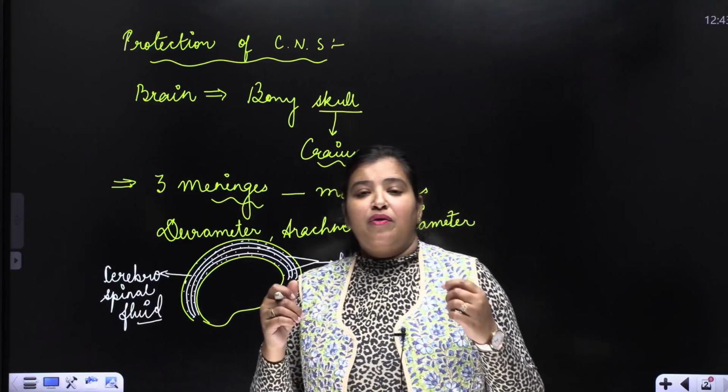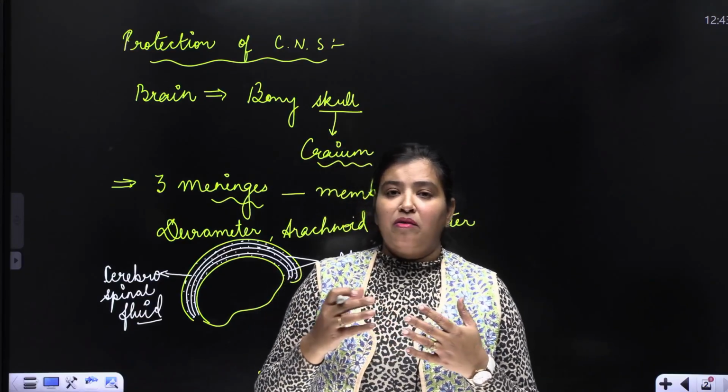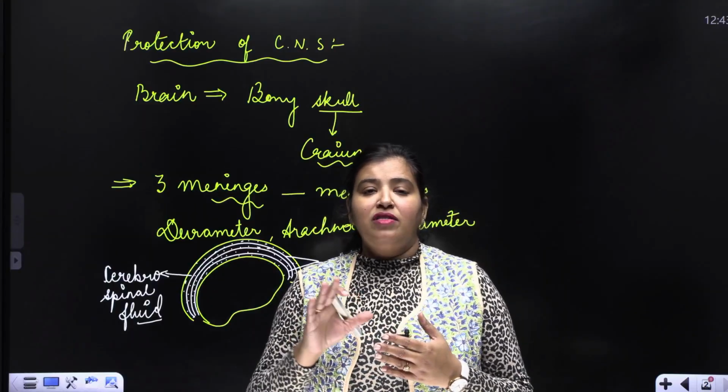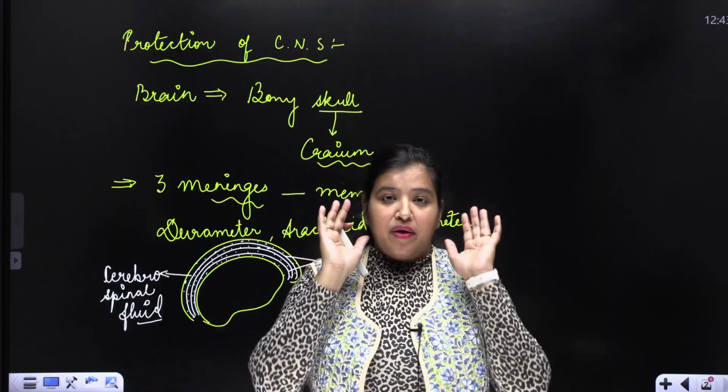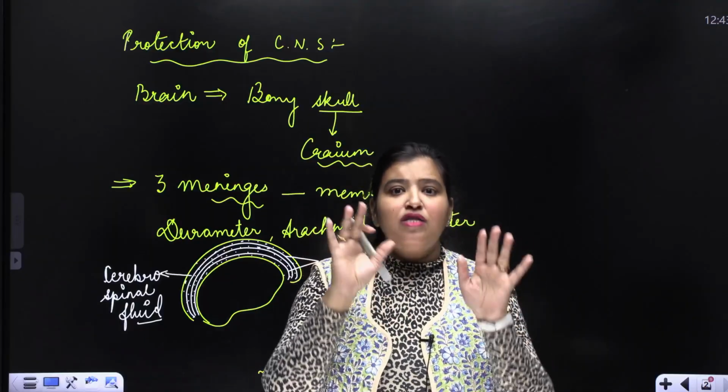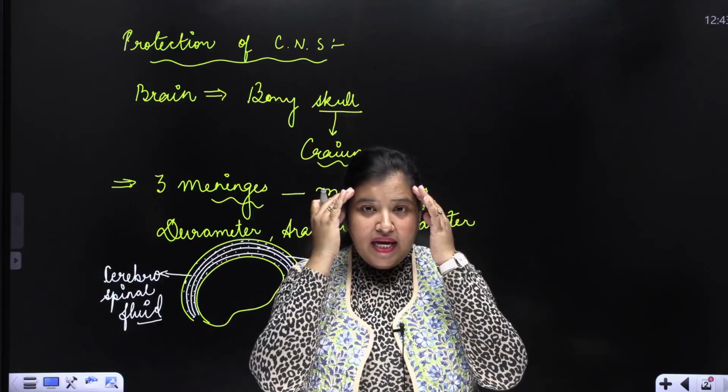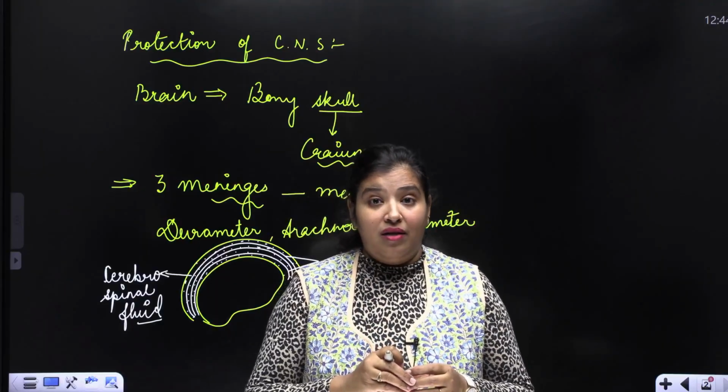You know, sometimes when you are driving a car or riding in a bus, what happens if the driver suddenly applies the brake? We move forward. When we move forward, even our brain is pushed forward. So it might get hurt against the skull.